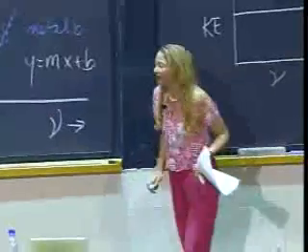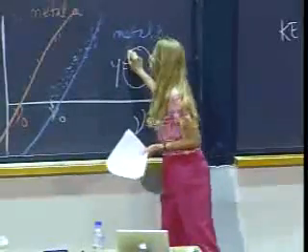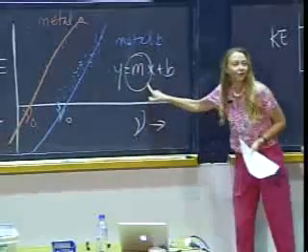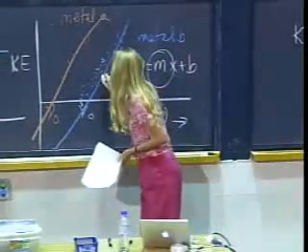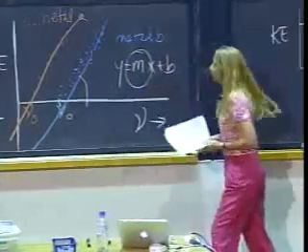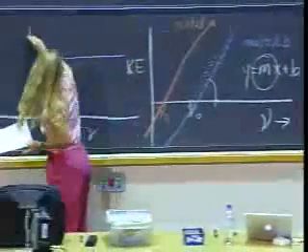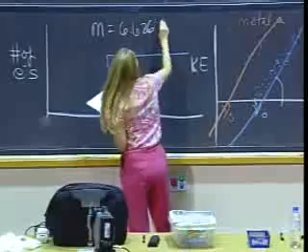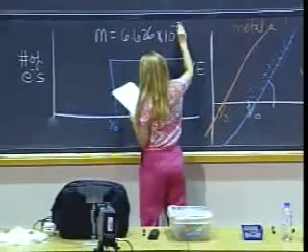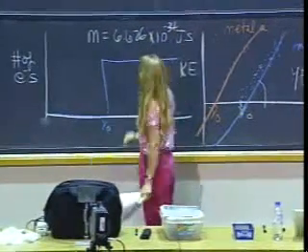Because what was so interesting here was the value of this slope, the value of m. The value of this slope was equal to 6.626 times 10 to the minus 34 joule seconds.